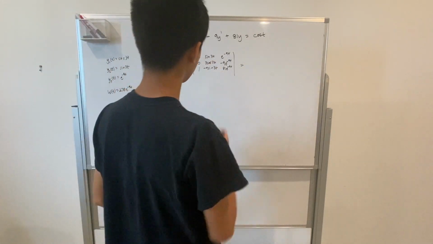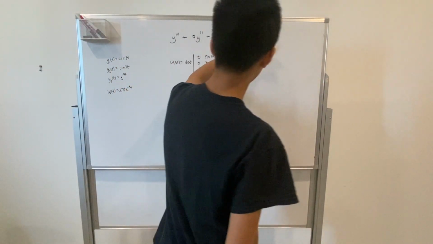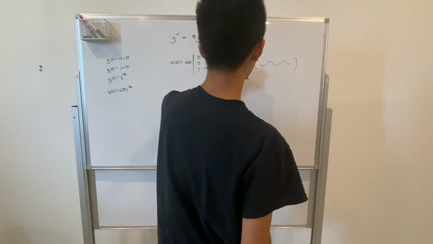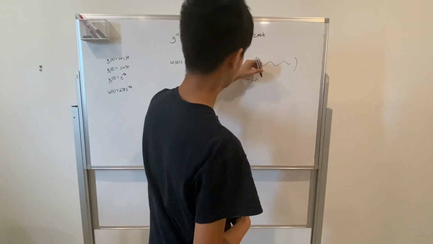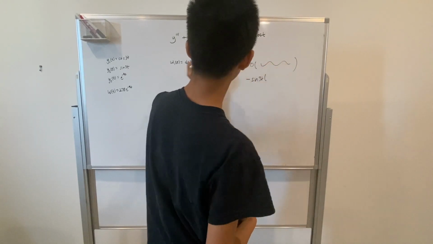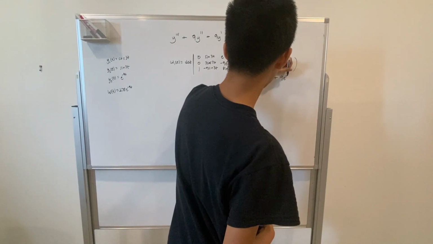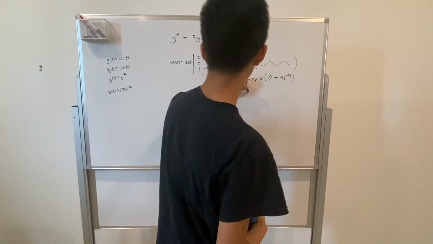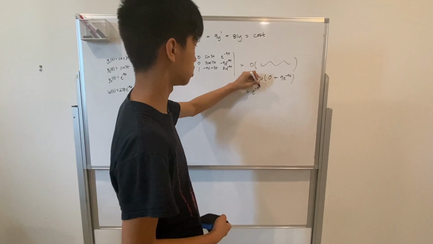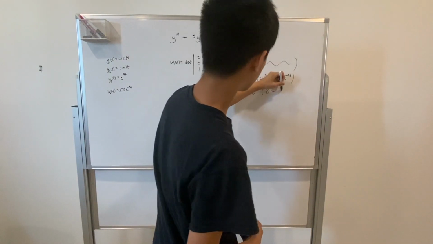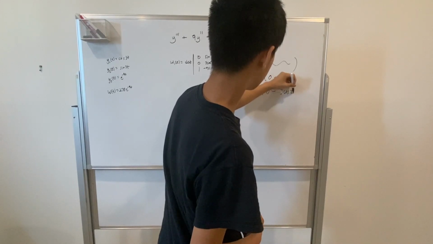So we would get 0 times blah blah blah, it doesn't really matter, minus sine of 3t of 0 plus 9e to the negative 9t plus e to the negative 9t of 0 minus 3 cosine 3t.